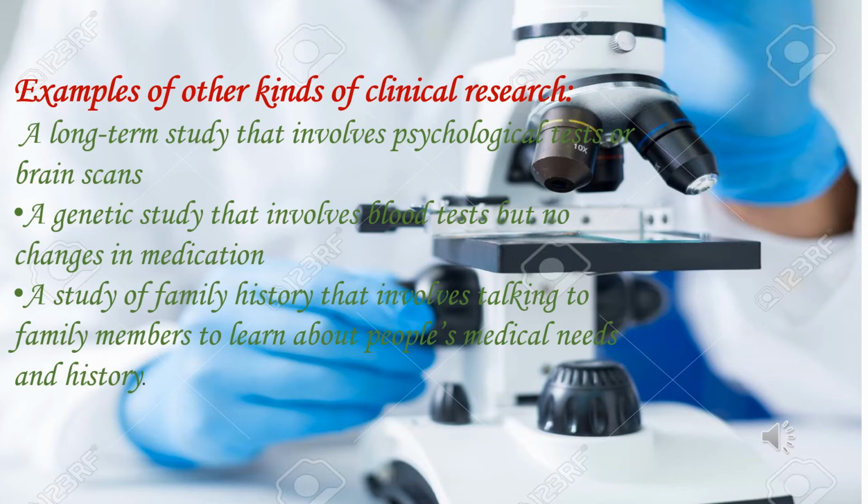A study of family history mainly involves talking to the family members to learn about the people's medical needs and history, thereby understanding whether the family is prone to such a disease or not. These sorts of things will help you understand clinical research in depth.